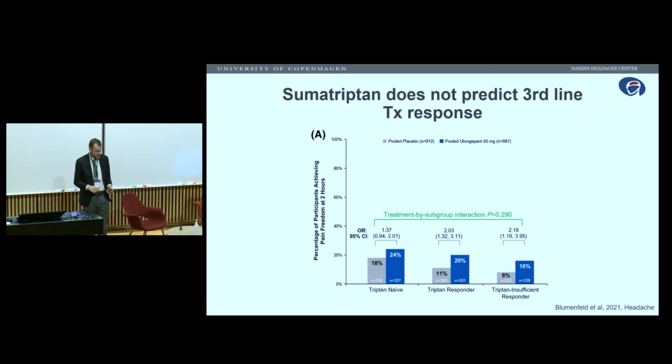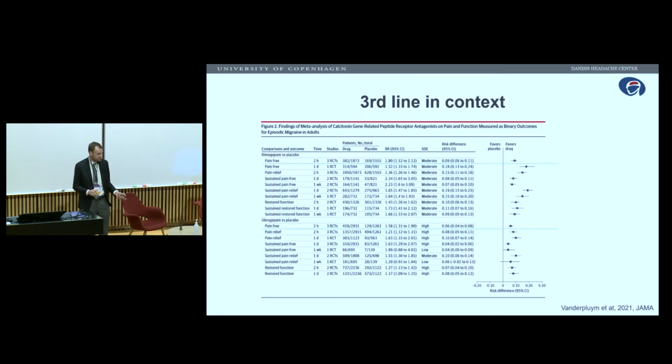They couldn't find an interaction, which is of course not a prospective way of investigating this, so you have to take it as is, but it points to the notion that even though you have a patient who is apparently a sumatriptan non-responder, you might consider ubrogepant or a gepant in these patients without fear of them not responding to the next line.